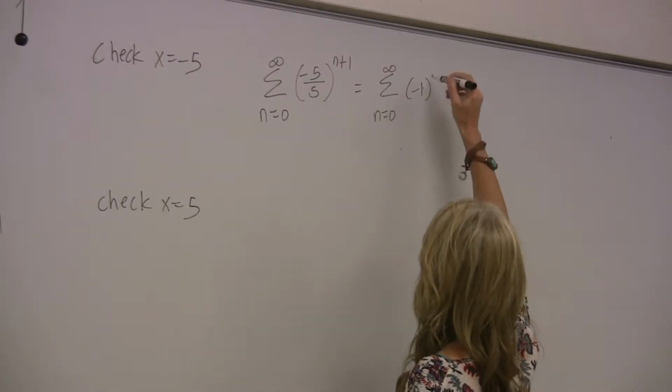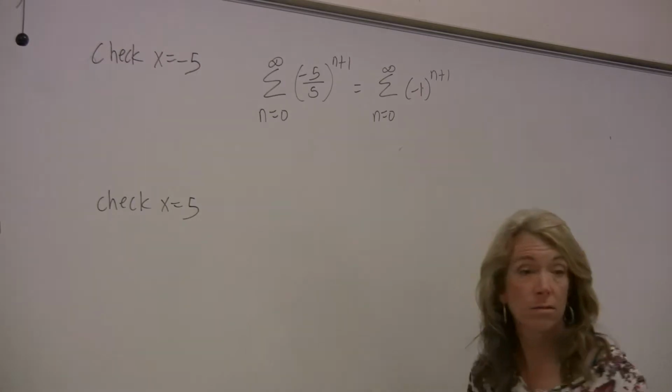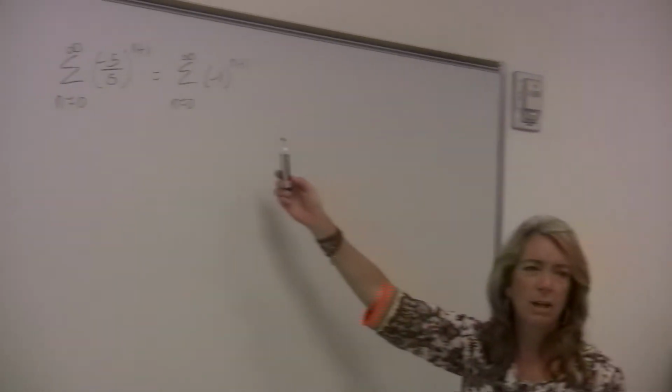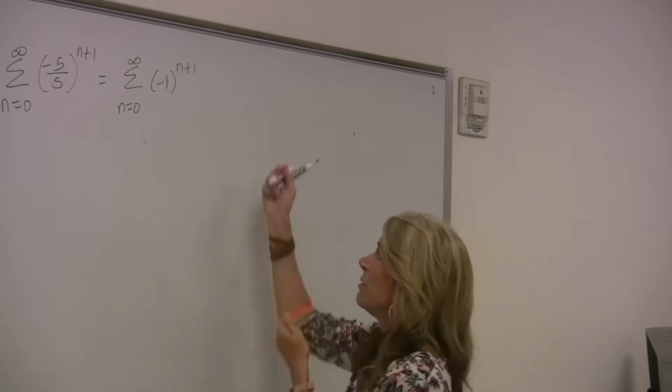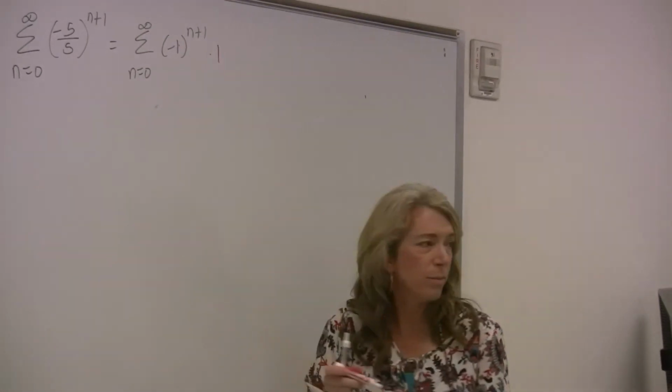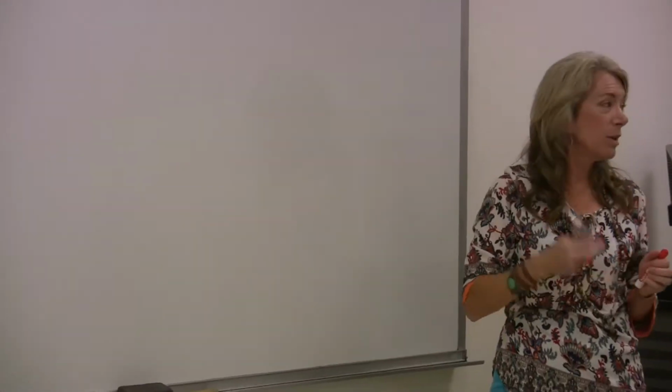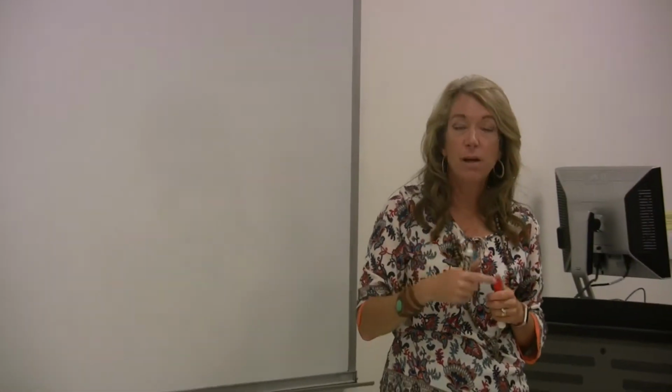It's an alternating series. Negative 1 to the n plus 1. What's the non-alternating part of this? This is the part that makes it alternate. Yeah, there's an invisible times 1 right here, right? That's the b_n, they call it, the part that's not alternating. So we're going to have negative 1, positive 1, negative 1, positive 1.